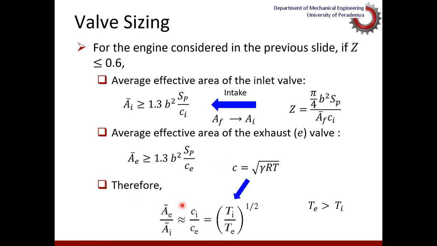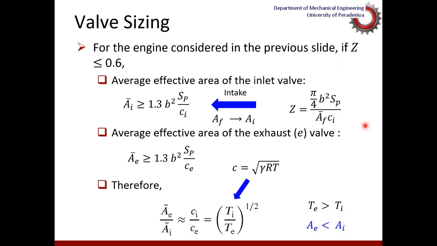Accordingly, the ratio of Ti over Te is always less than 1. So we can say the exhaust valve open area on average basis should be smaller than the intake valve open area. That is the observation that we can make based on this analysis.